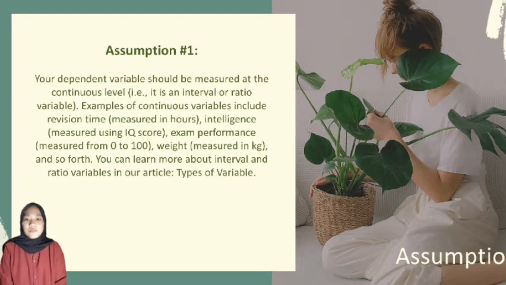Examples of continuous variables include revision time, measured in hours, intelligence, measured using IQ score, exam performance, measured from 0 to 100, weight, measured in kilograms, and so forth. You can learn more about interval and ratio variables in our article, Types of variable.